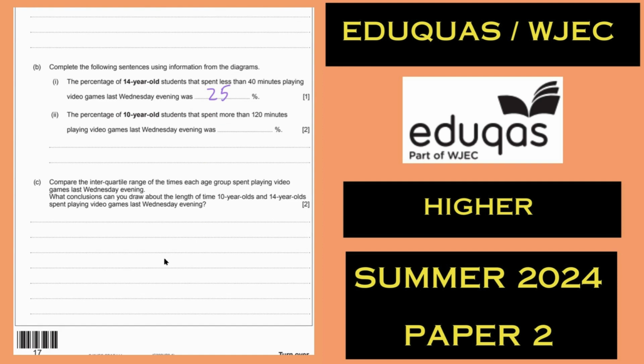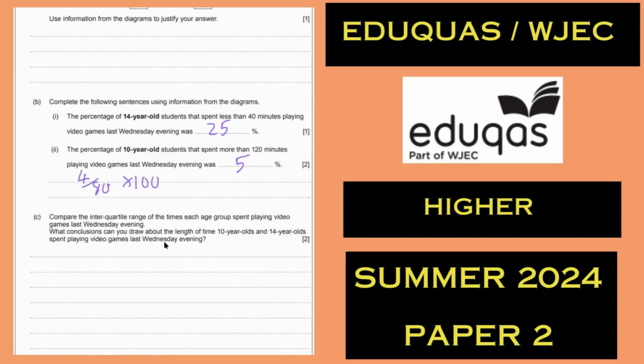So 4 spent longer than 120 minutes. That's 4 out of 80. That's your fraction. Stick it in your calc and times it by 100. We get 5%.